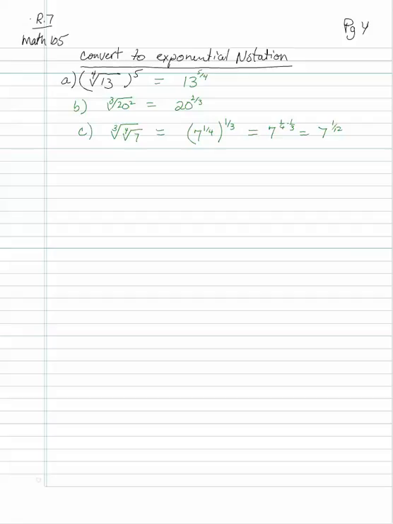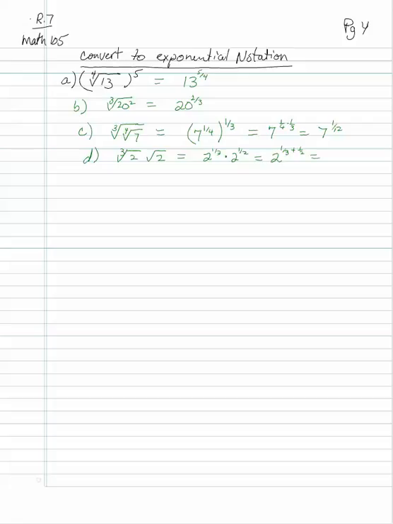So if we did the cube root of 2 times the square root of 2, on this one, this is 2 to the 1/3 times 2 to the 1/2. And again, using exponent rules, if we're multiplying the same base, you're going to add the exponents. So what's 1/3 plus 1/2?